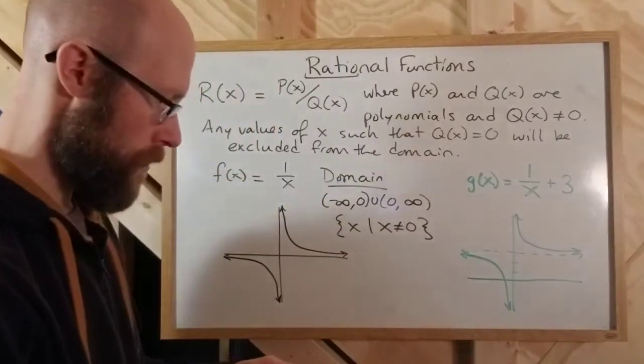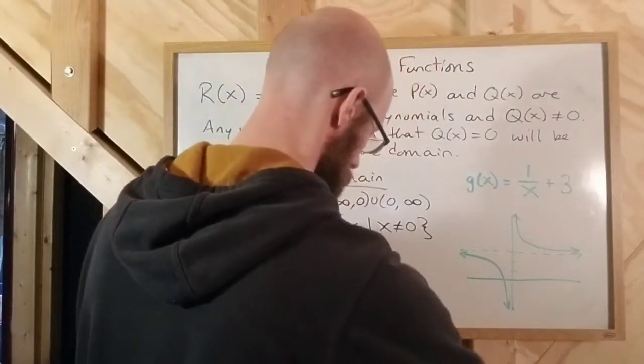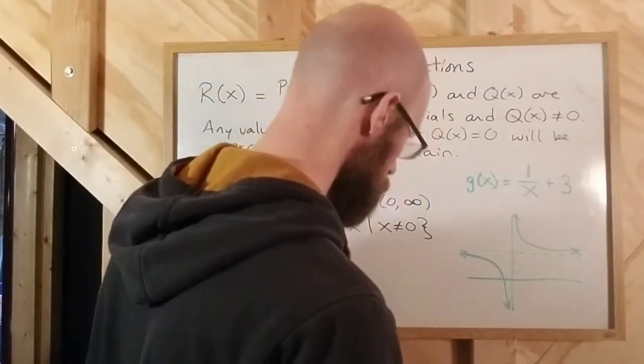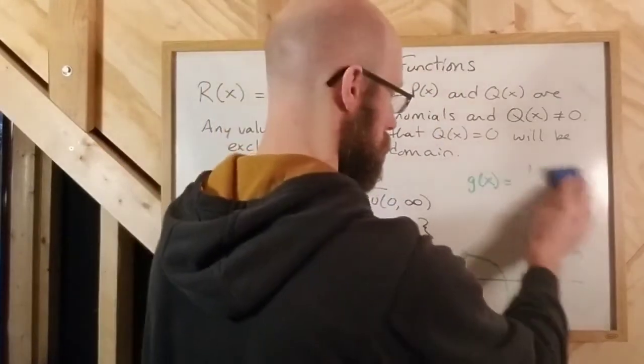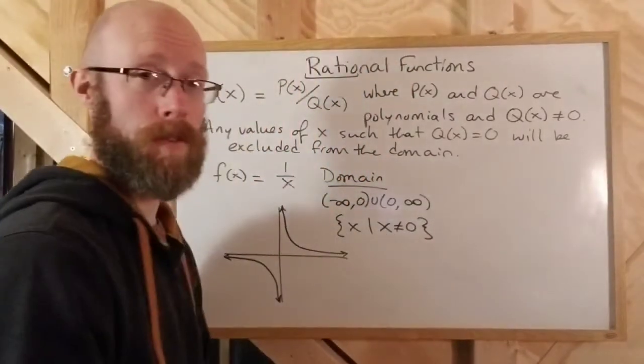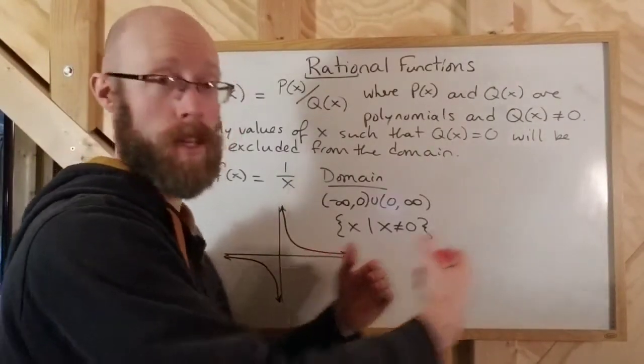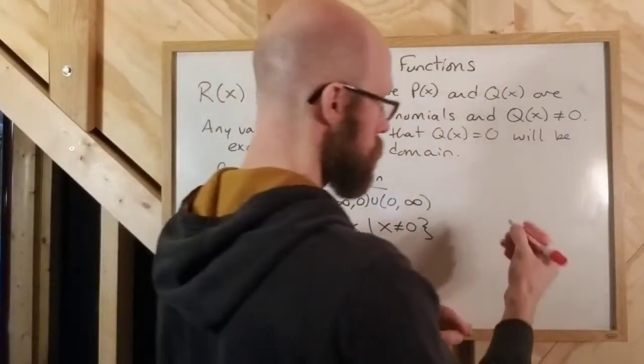However, if I were to change the denominator, take a look at what that would look like. For instance, if I were to shift this graph horizontally, let's say to the right 2 units.